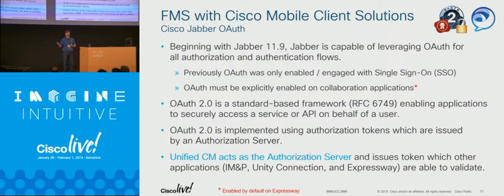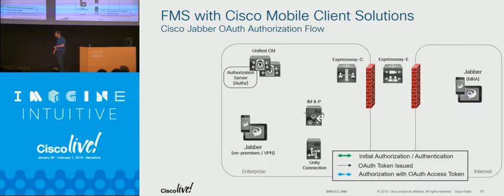Then all the other applications involved here are going to honor those OAuth tokens from Communication Manager in order to authorize the user and their client to use those services. That's a whole lot of talking, but let's take a look at what it actually looks like. So in this particular case, I have a Jabber user, whether they're connecting in over mobile and remote access or whether they're on-prem.